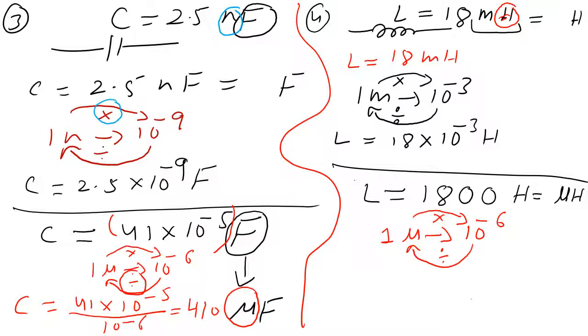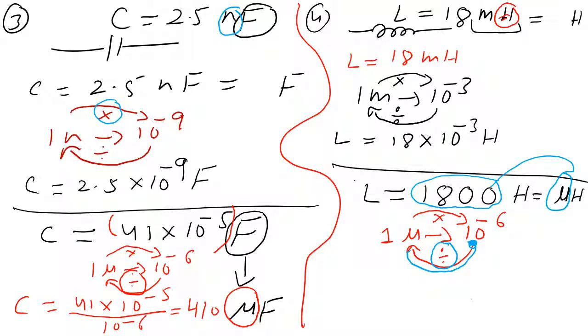Now here you have the number, and you want to change this number in the form of micro. If you want to change this number to the micro, you have to use this division.